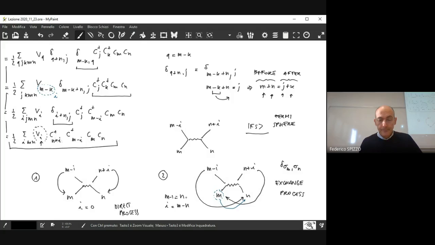We just have to remember two situations here. Direct process: I equal to 0. Exchange process: I equal to m minus n. At this point, the calculation may be concluded if we fix the two values of the indexes.